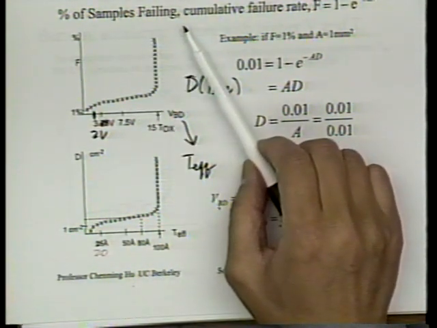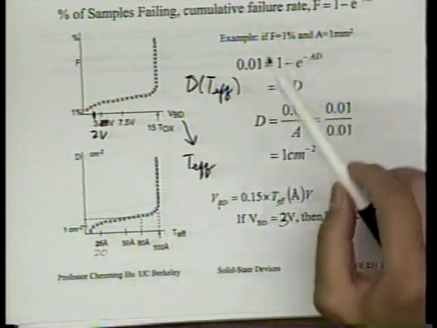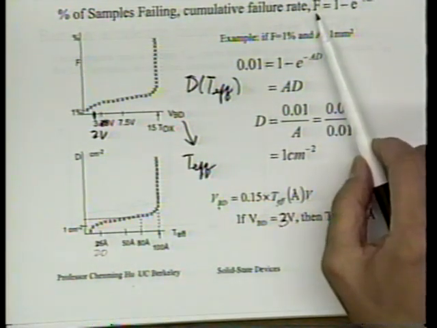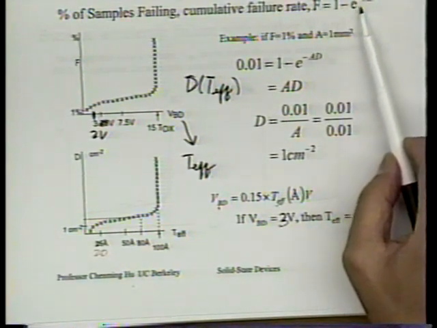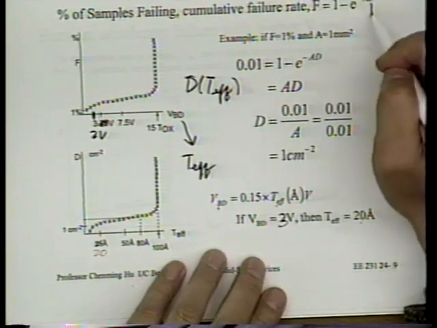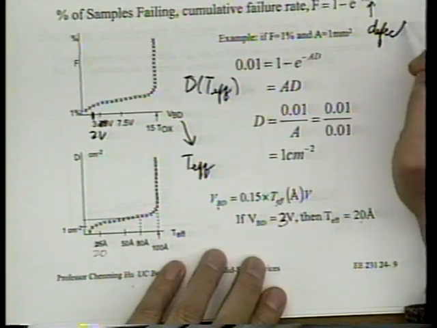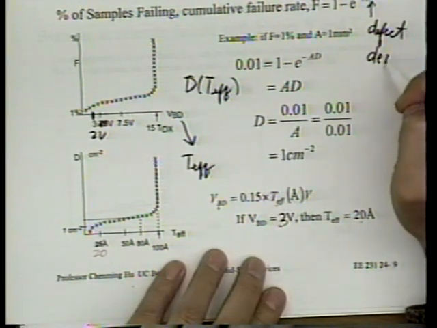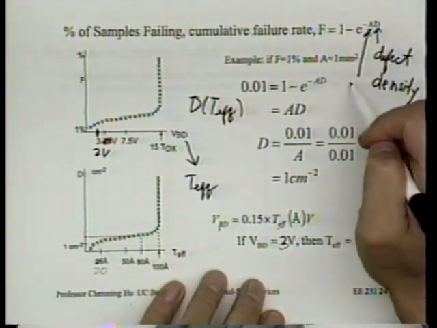If we call that F, in terms of percentage, 0.01 would be 1%, right? 1% meaning F is equal to 0.01. F is equal to 1 minus exponential minus A times D. D is the defect density that we're talking about, in per centimeter squared. A is the sample size, sample area.